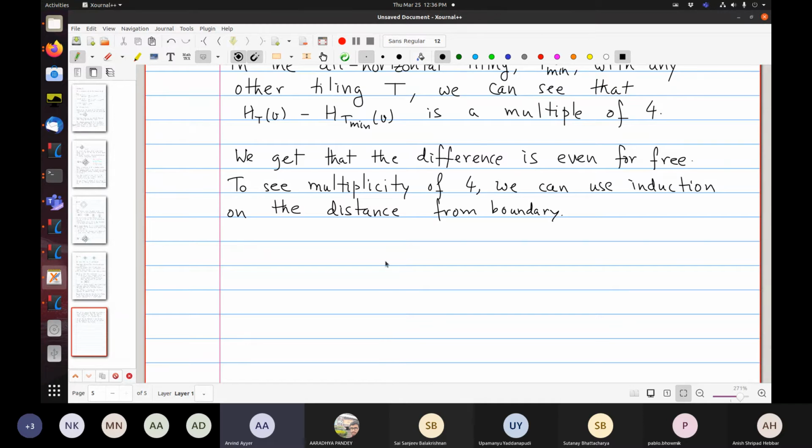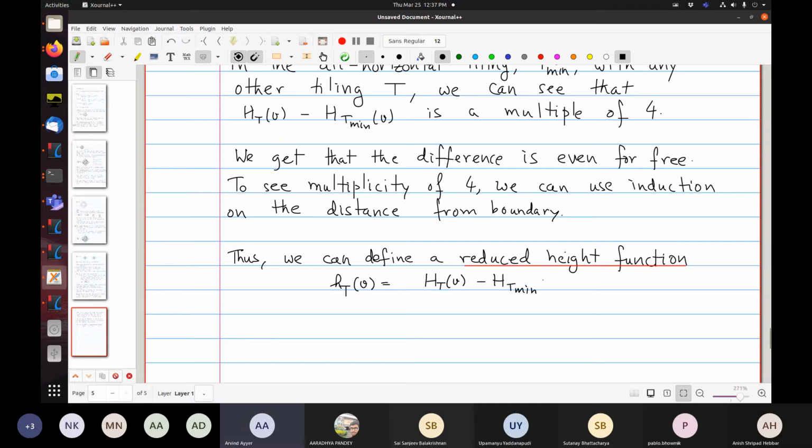So this leads to the notion of a reduced height function, small ht of v, which is ht of v minus ht min of v, divided by 4.